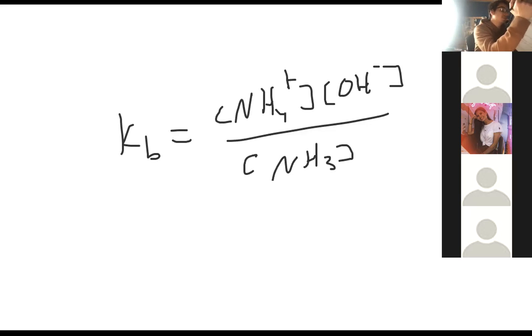We can jump to the next page, page 248. Actually, we kind of skipped that. We could do the first one, number 5: write the Ka or Kb expression for the following substances.